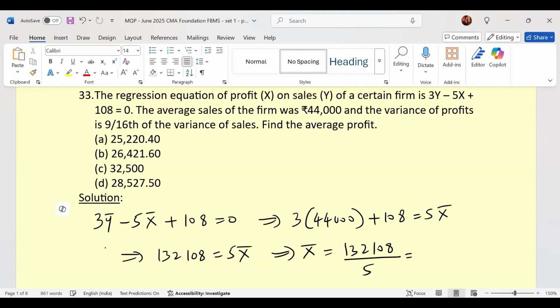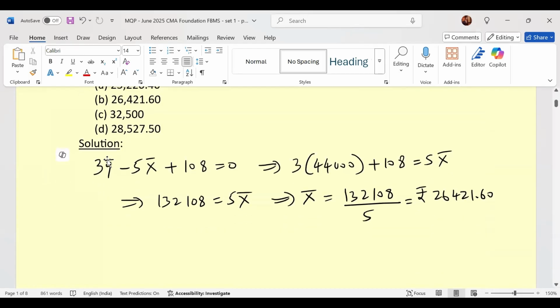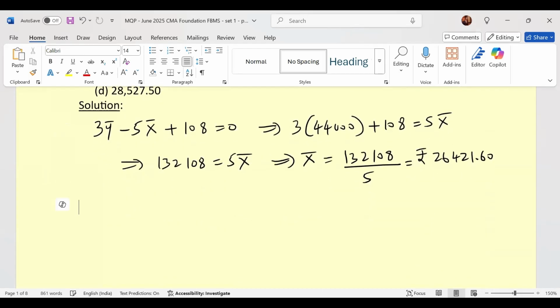So that becomes our average profit and that will work out to 26,421.60. So our option is B. Let us move on to the next question.